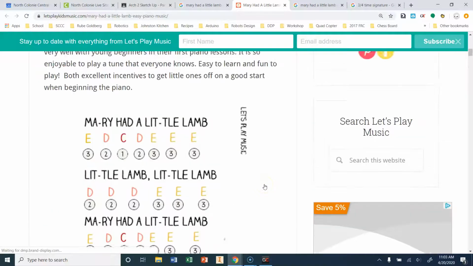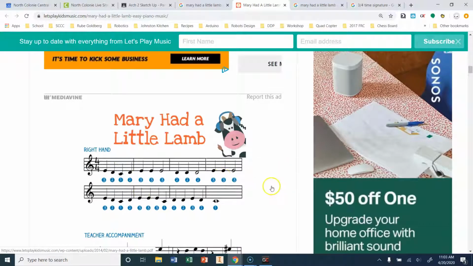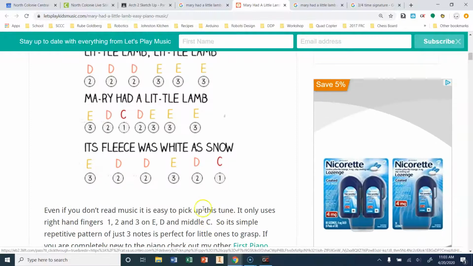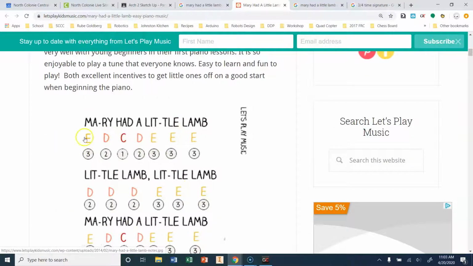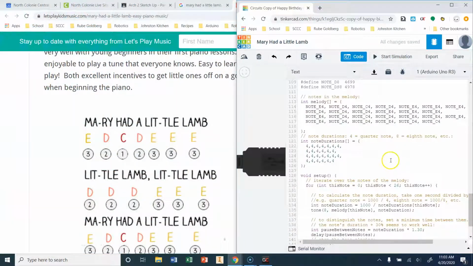We really want to find, and again, some people take music class and can read that very easily. I personally don't know how to read sheet music, so I'm always looking for something like this. So when I come into my circuit, as of right now, I've copied all of my notes.